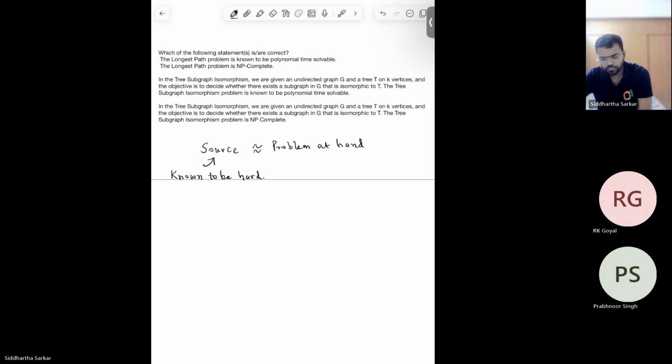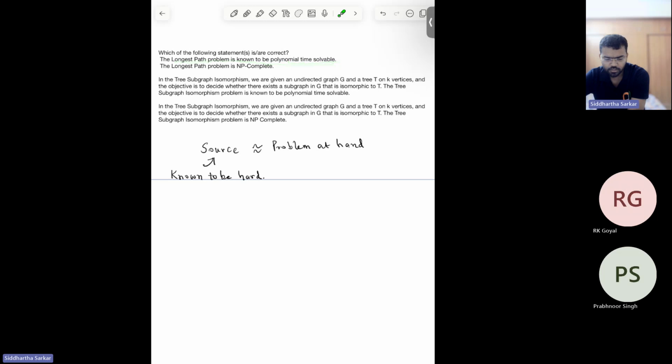Showing the equivalence between a known hard problem and a problem at hand is called a reduction. Now, as you said, maybe the longest path problem is equivalent to the Hamiltonian cycle problem or the Hamiltonian path problem, because we should compare apples to apples.